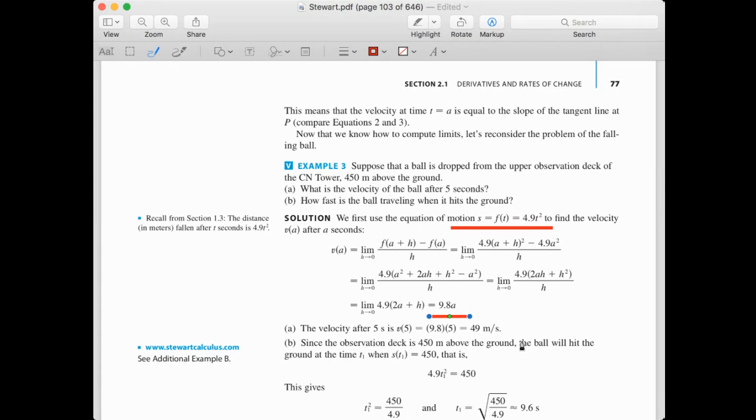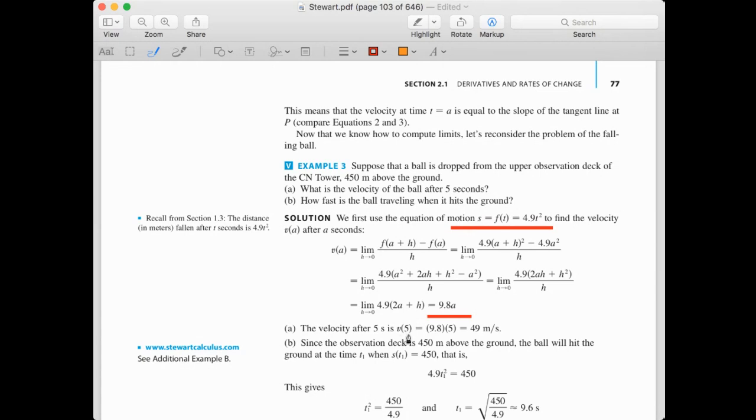For this case, it is any point. Well, if A, then the question A is saying, okay, what about after 5 seconds? So after 5 seconds, we just find V of 5.